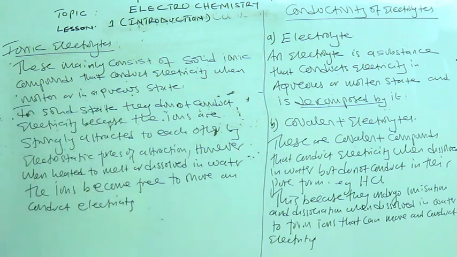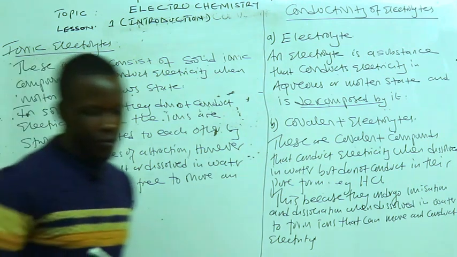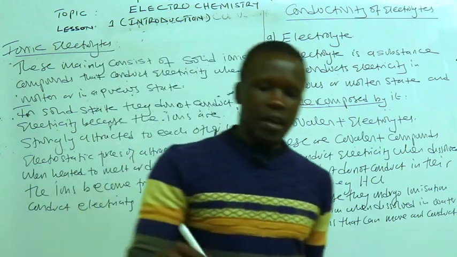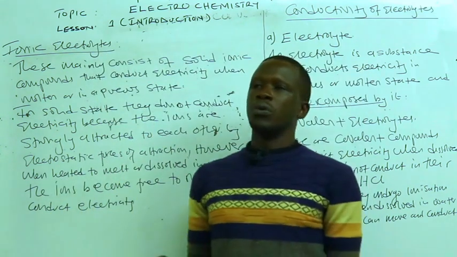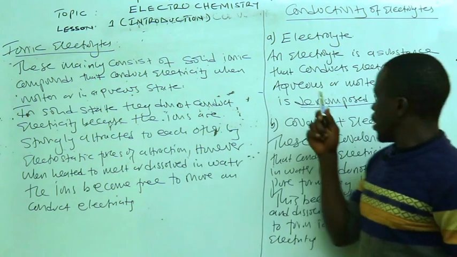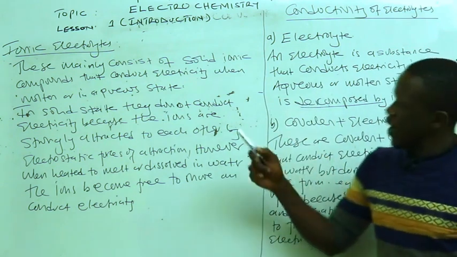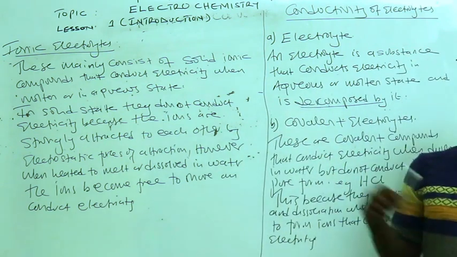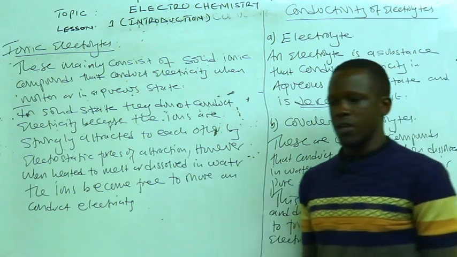So, those are called ionic electrolytes. Then, under these two, the covalent and the ionic, we could have strong and weak electrolytes.